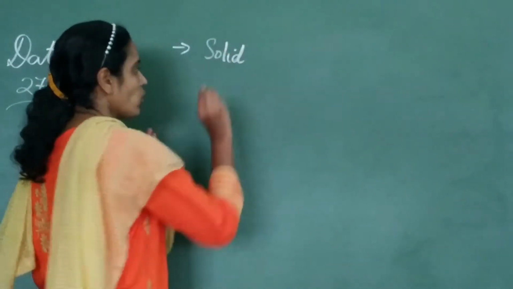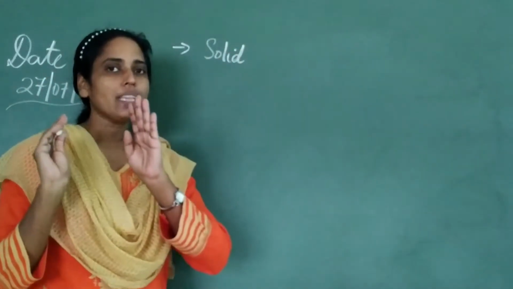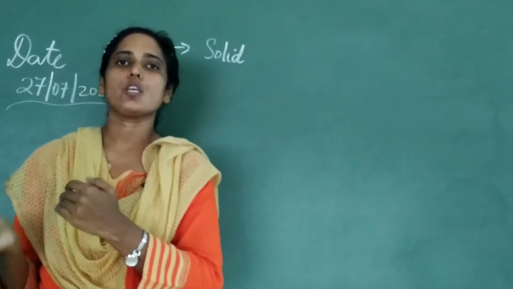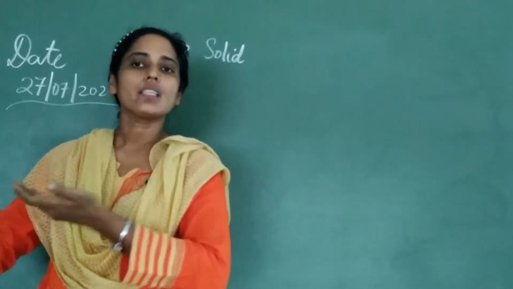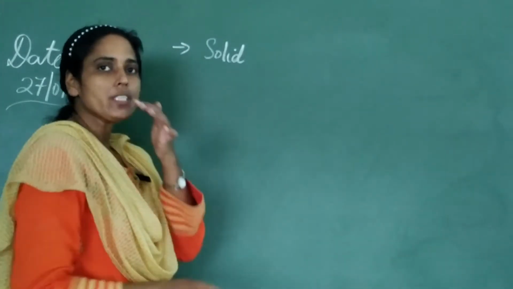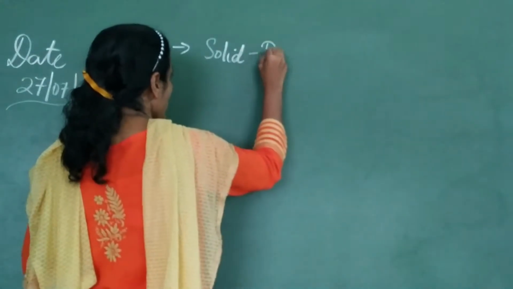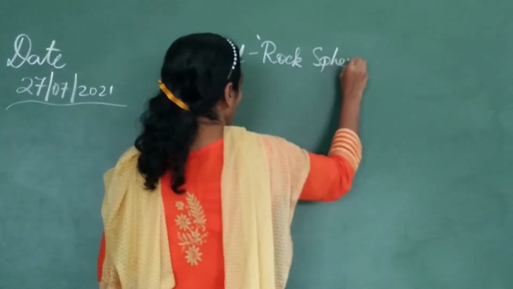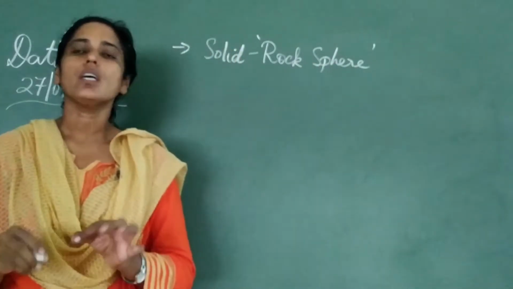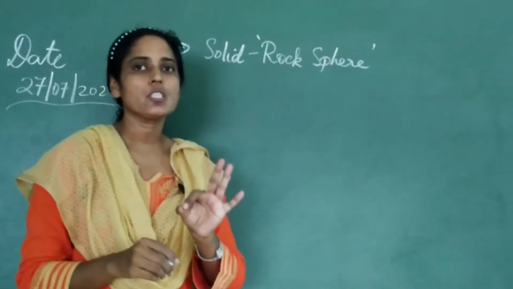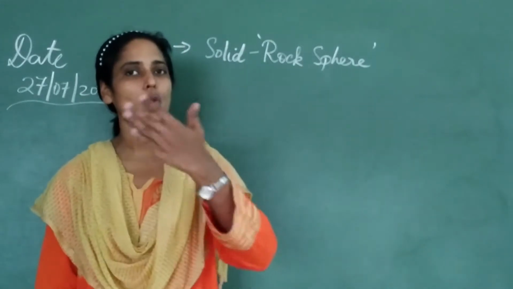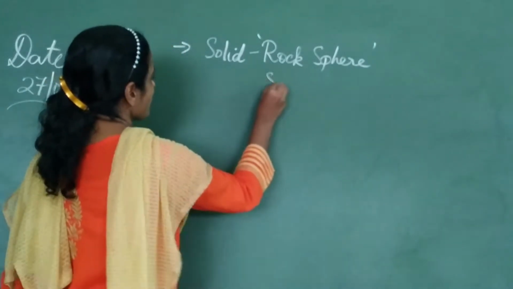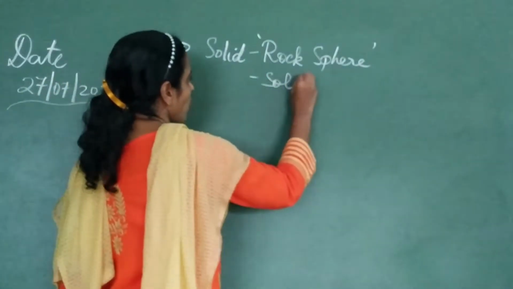Solid. Lithosphere is made of solid matter, and this solid matter comprises rocks and many other solid materials, due to which it is also known as the rock sphere or the solid sphere. Any one name for lithosphere.